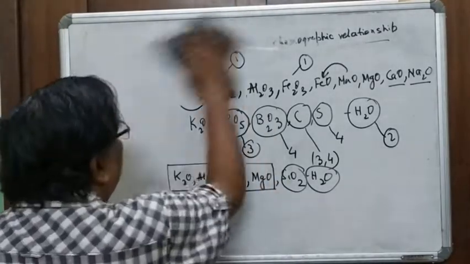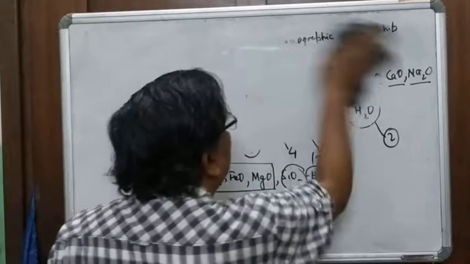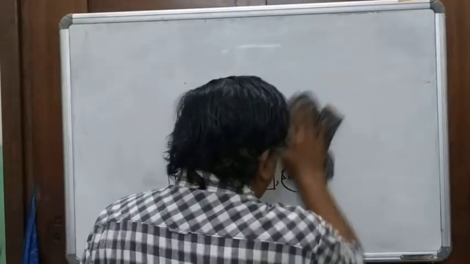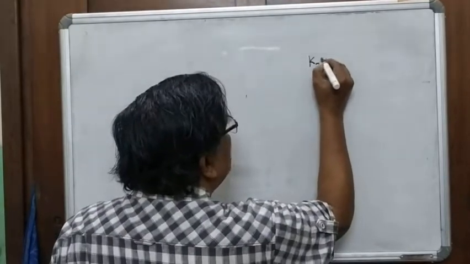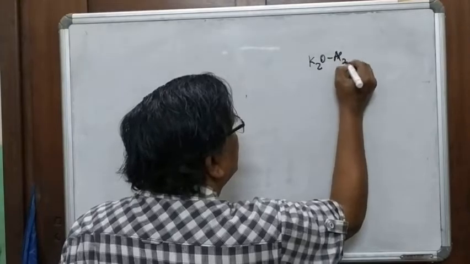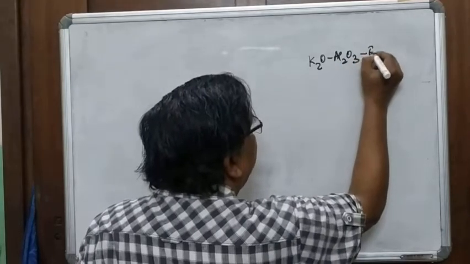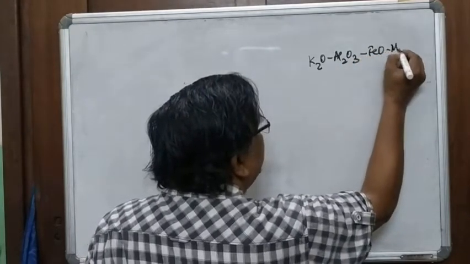So now, from this assemblage, I will write this at the top. We have K2O, Al2O3, FeO, and MgO.